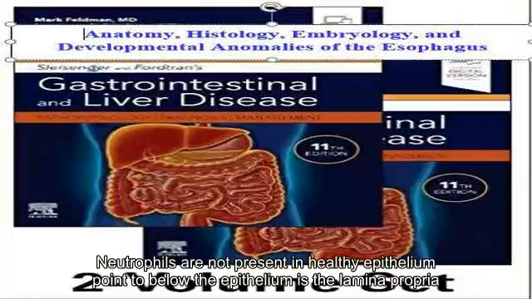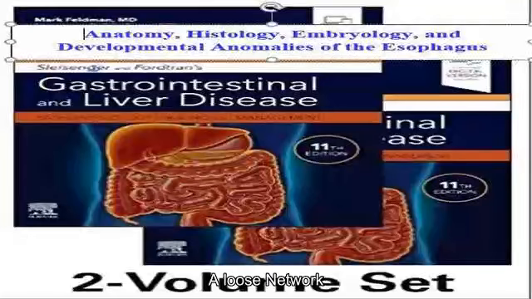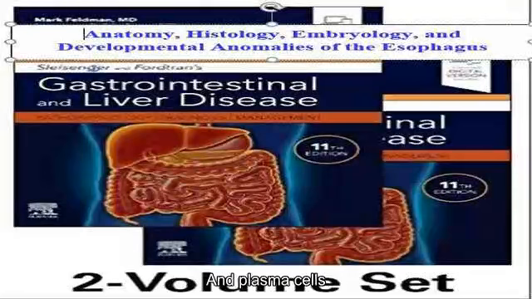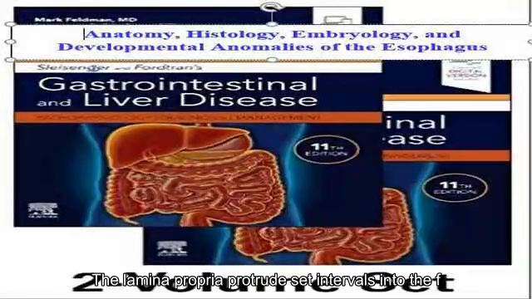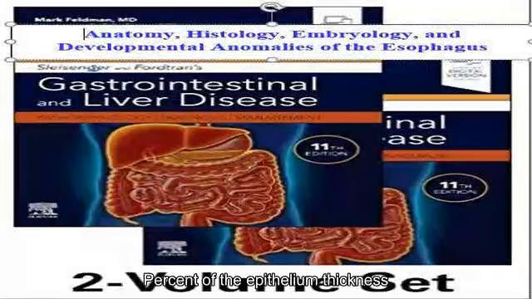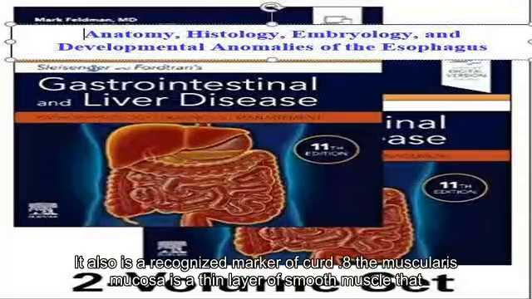Below the epithelium is the lamina propria, a loose network of connective tissue within which are blood vessels and scattered lymphocytes, macrophages, and plasma cells. The lamina propria protrudes at intervals into the epithelium to form rete pegs or dermal papillae. Normally these protrude to less than 50% of the epithelium's thickness. When greater, it also is a recognized marker of GERD.